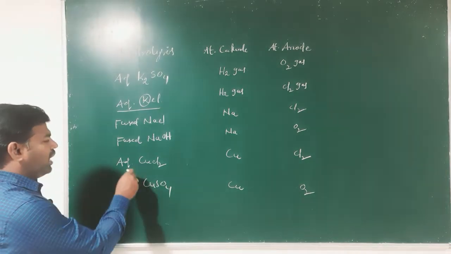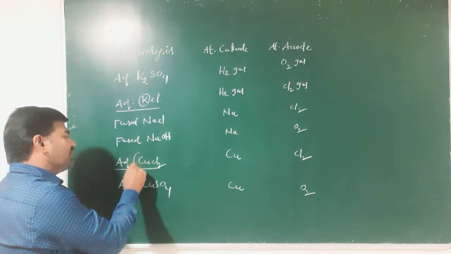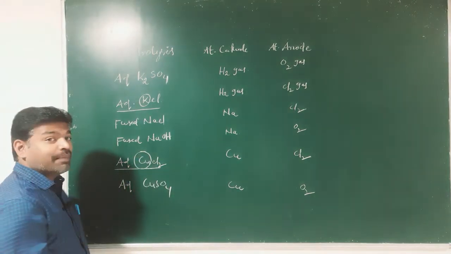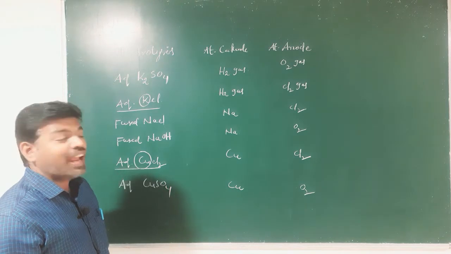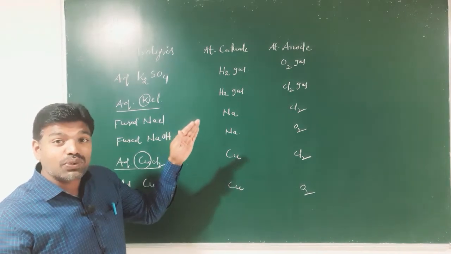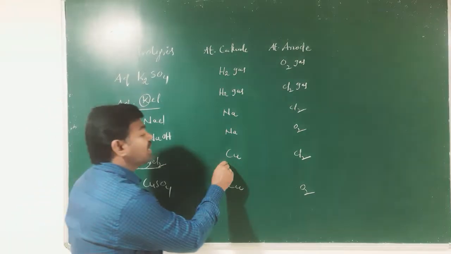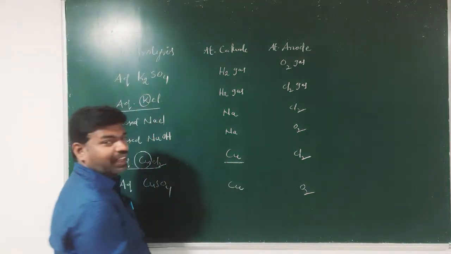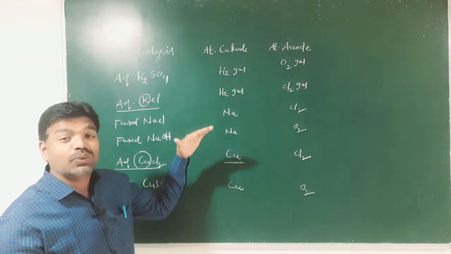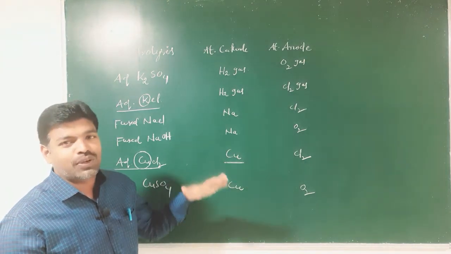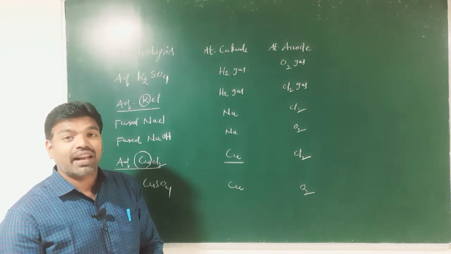If you electrolyze aqueous solution of cupric chloride, copper is less reactive than hydrogen, so copper metal is deposited at the cathode.